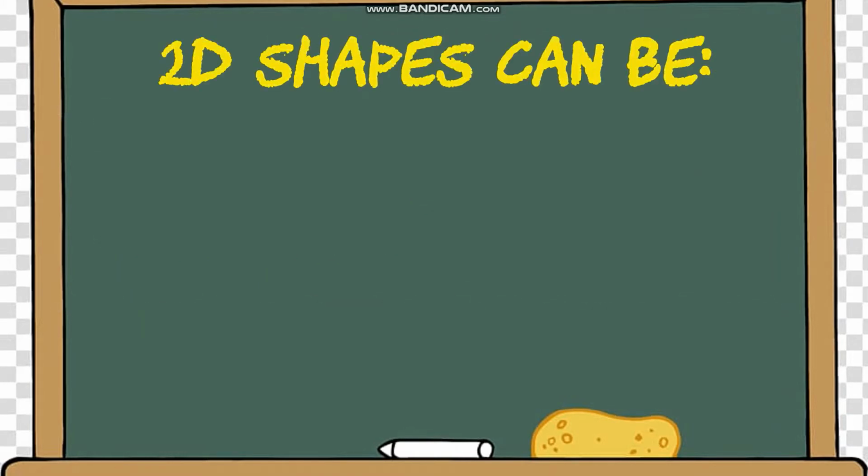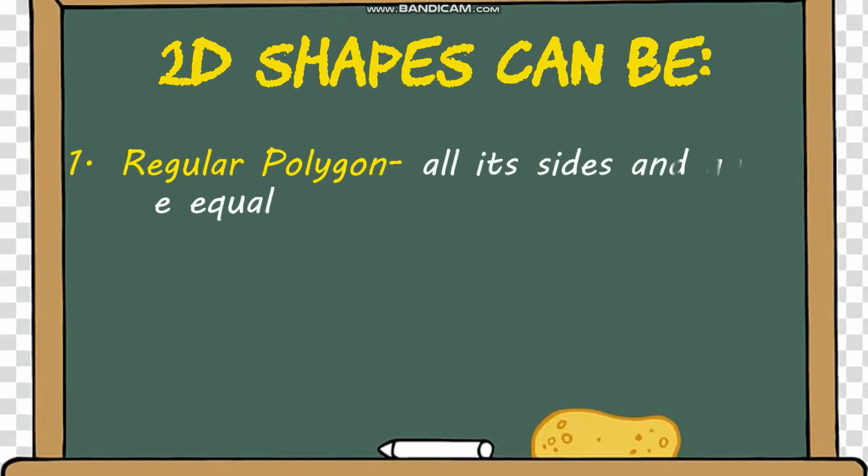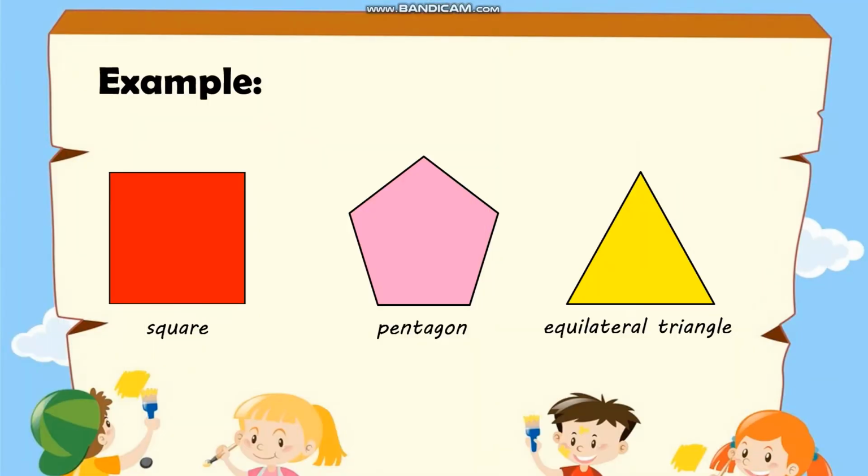So 2D shapes can be categorized into two. Number one, we have the regular polygon. All of the sides and angles are equal. For example, we have the square, pentagon, and equilateral triangle. So you will notice that the sides are the same. Also the angles, they are all the same.